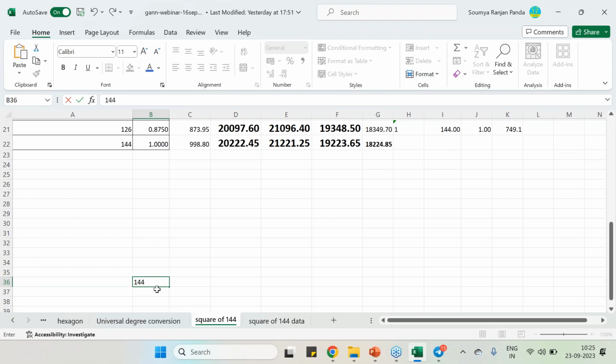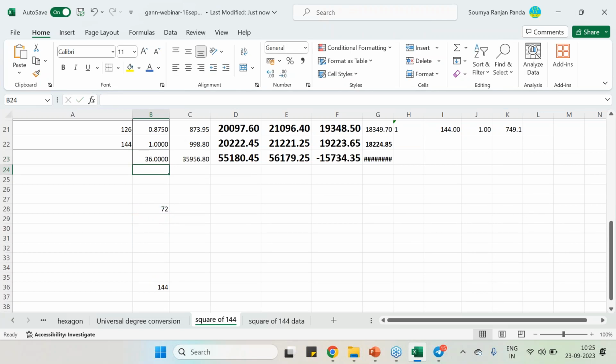So 144. First we have to take half. Half of 144 is 72. We require 10 numbers. Then another half we have to take, so 72 divided by 2 is 36.